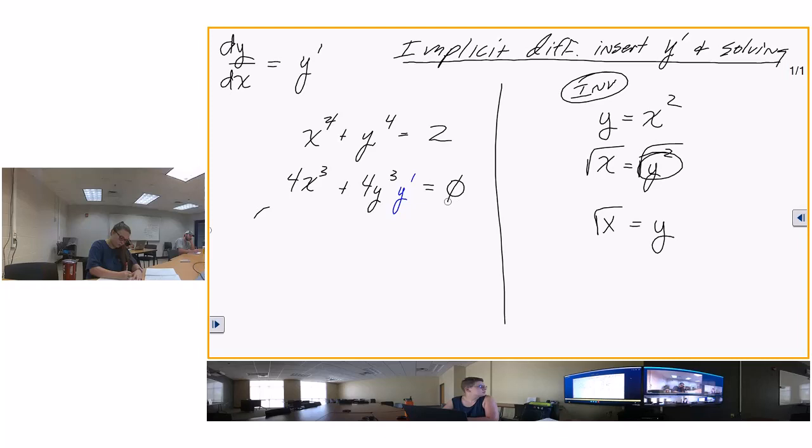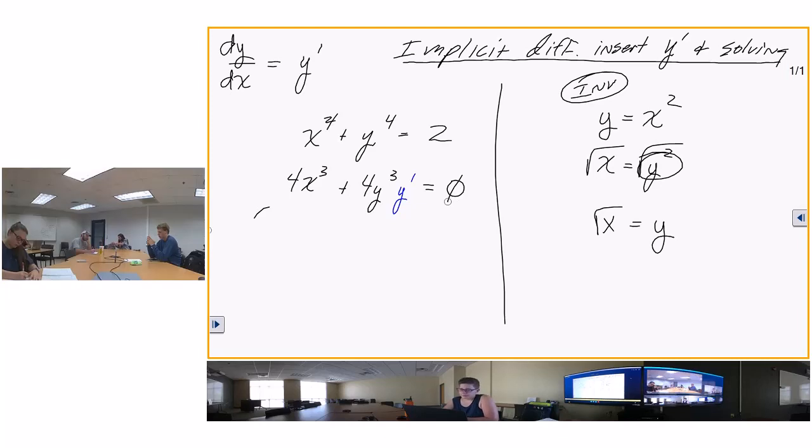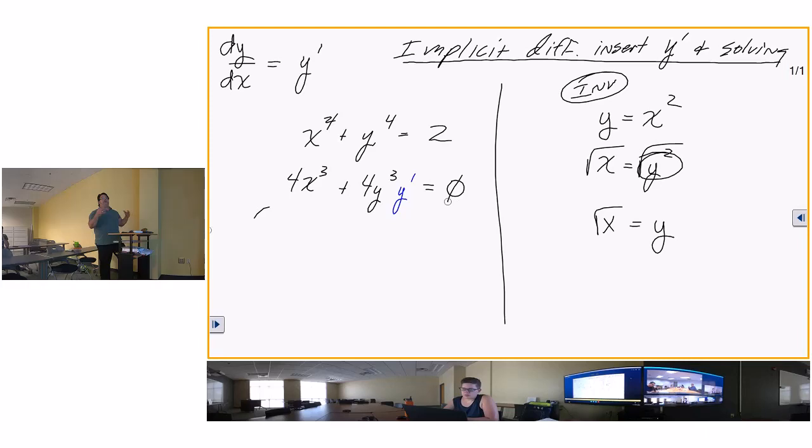So is y prime part of the term? Yes. Since you're used to taking the derivative with respect to x, remember, all the problems we've been doing have been with respect to x. This is not y is equal; this has got y in it. Now, could you solve for y and then take the derivative of it?